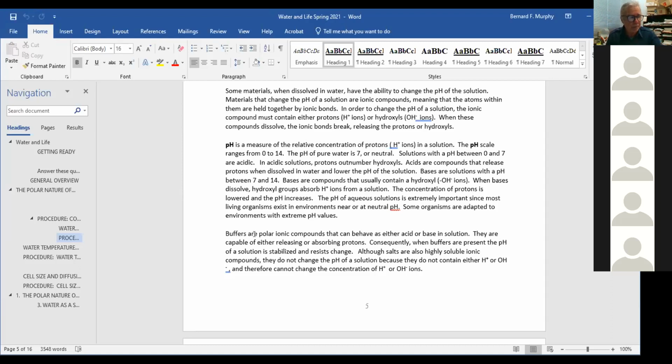I'll give you an example. You have a beaker full of distilled water, you add a drop of hydrochloric acid. Boom, you go down to pH 3 or 4. What if you have water with a buffer in it, and you're at pH 7, you add a drop of hydrochloric acid, you drop to 6.8 or 6.7 or something.